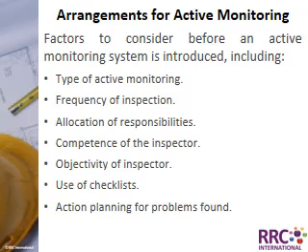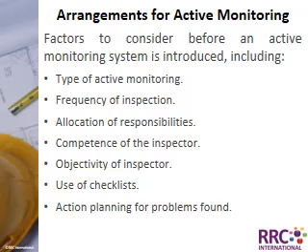Action planning: also, the arrangement includes action planning for problems found so that appropriate action is taken following the active monitoring to resolve issues in a timely manner. An inspection system that identifies a problem or issue but then does not result in an action being taken is a flawed system.